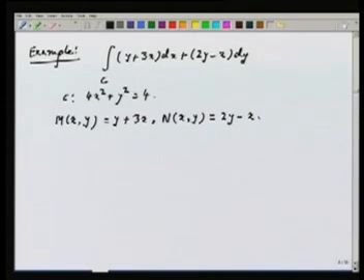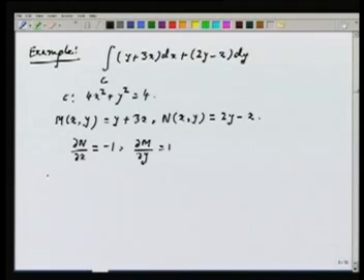Then what I will be needing to apply Green's theorem is ∂N/∂x, which is equal to minus 1, and ∂M/∂y, which is equal to 1.